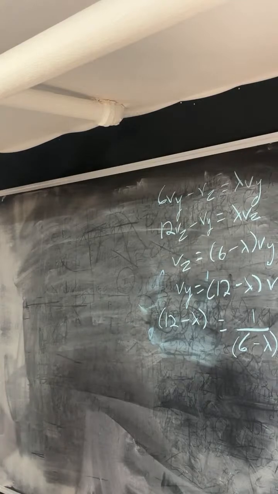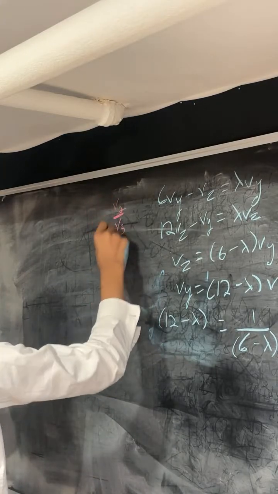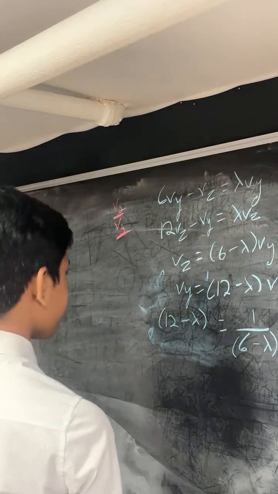Okay, that makes sense. So that means V2 and V3 are not duds. Okay, good.